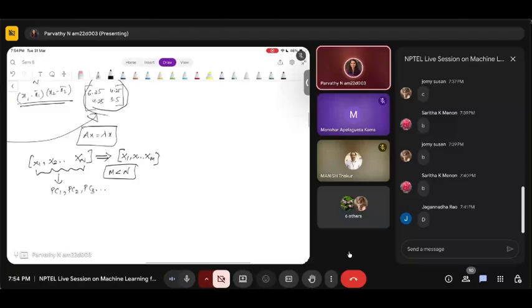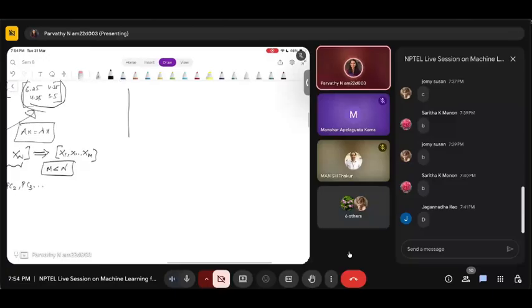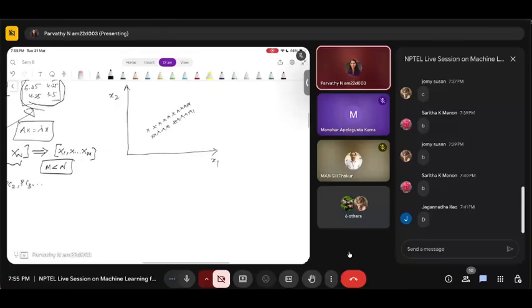What I mean by combination is, for example, if I consider 2D data, this is my x1, this is my x2. So suppose my data is like this. These are my points. Now, the direction along which the data varies the most is this, right?